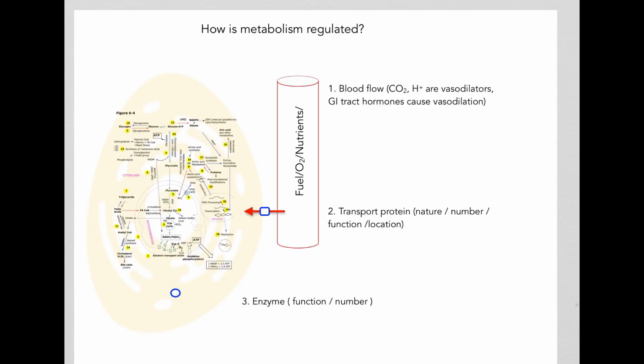Since most of these reactions that we see in metabolism, these biochemical reactions, are catalyzed by enzymes, therefore it's not surprising that one of the best ways to regulate metabolism is by changing either the function of the enzyme, making the enzyme more active or less active, as well as by changing the number of enzyme molecules, either increasing the number of enzyme molecules in the cell or decreasing the number of enzyme molecules in the cell.